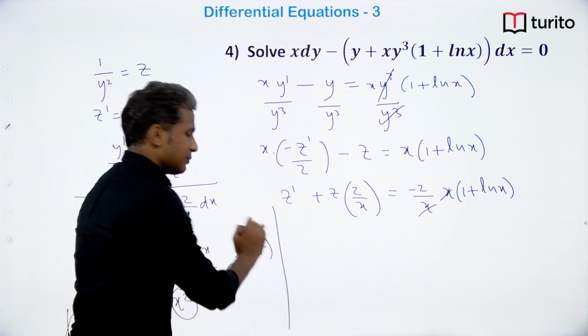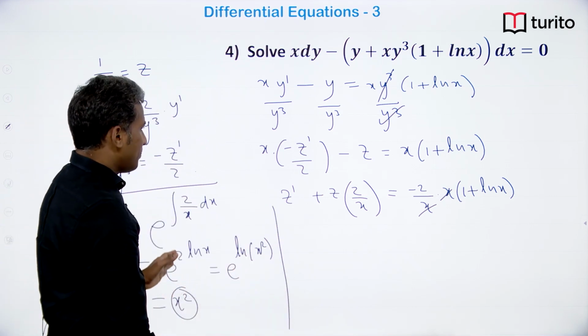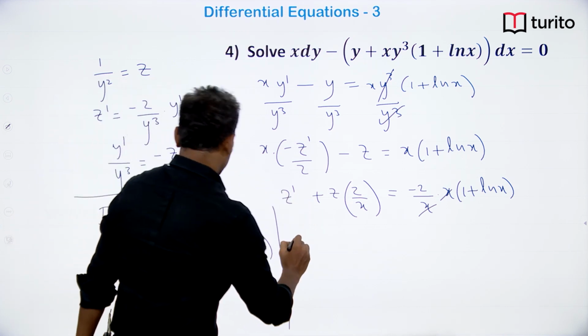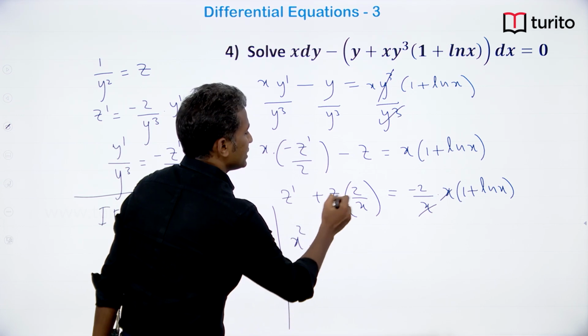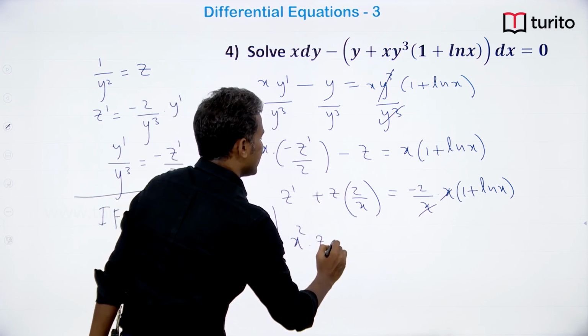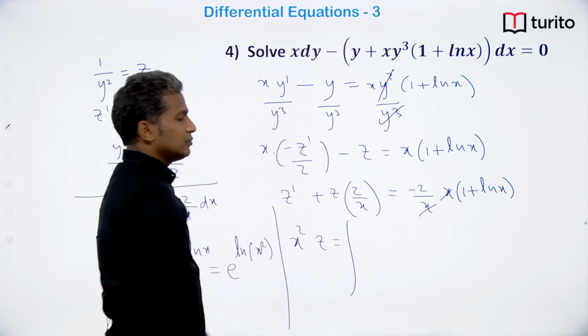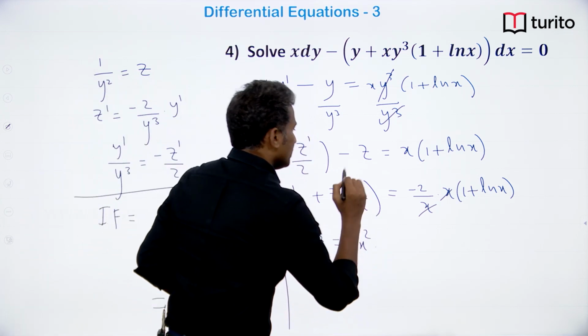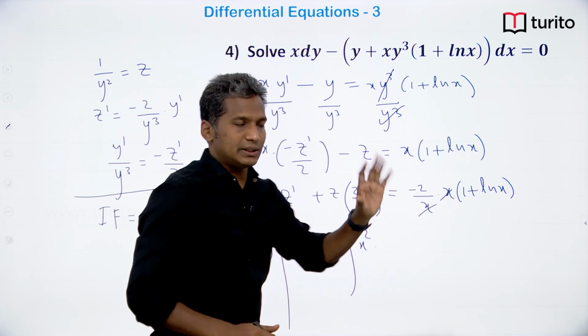What is our next step? Next step is integrating factor into dependent variable, that is x square into, what is the dependent variable here? It is z, is equal to integral of integrating factor into whatever is the RHS.